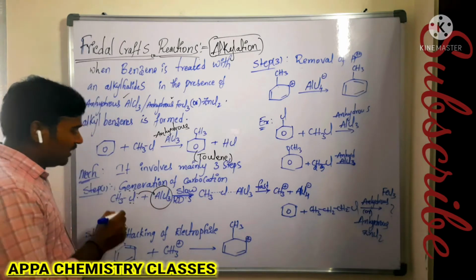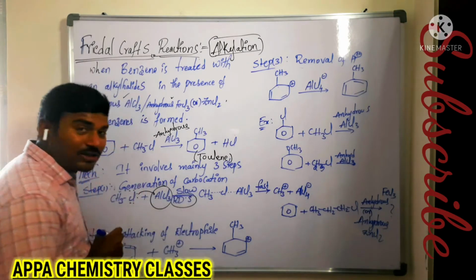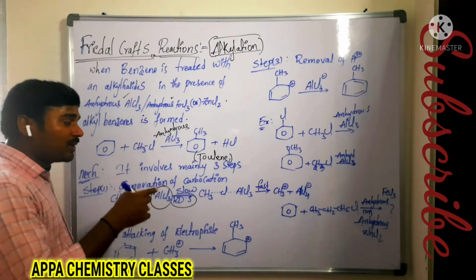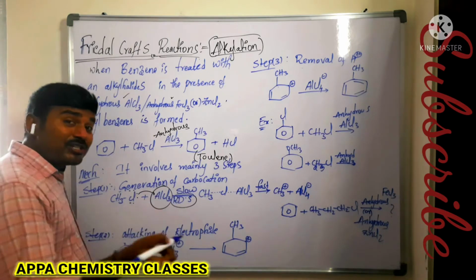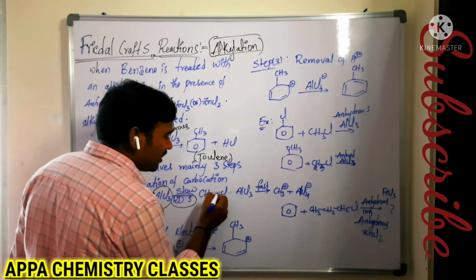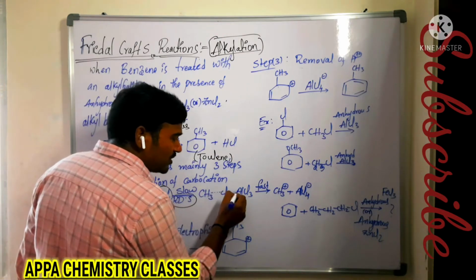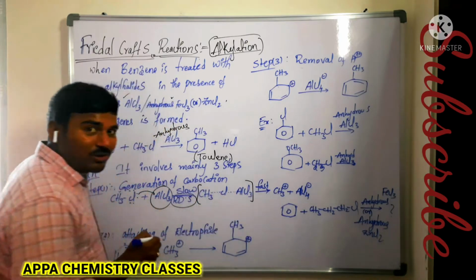Now the slow step of the reaction is called the rate determining step. What is the rate determining step in case of Friedel-Crafts alkylation? The formation of the coordinate covalent bond. This is very important. This chlorine forms the coordinate covalent bond with the catalyst aluminum chloride.